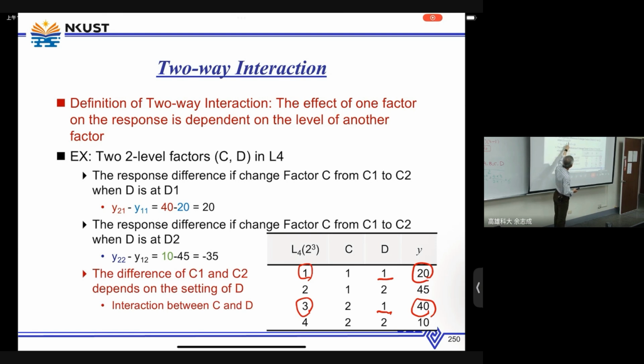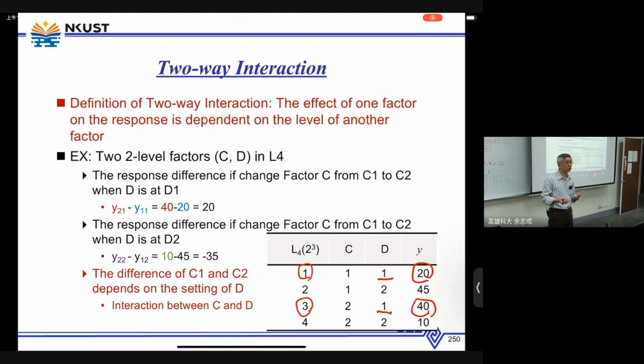If we select D1, the difference will be 20, which means that C2 is larger than C1. But if D is at D2, you will find out that C2 is smaller than C1. So when we want to determine whether C is at level 1 or level 2, we will be confused.